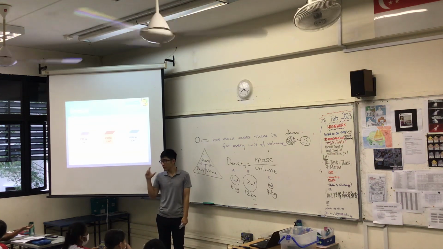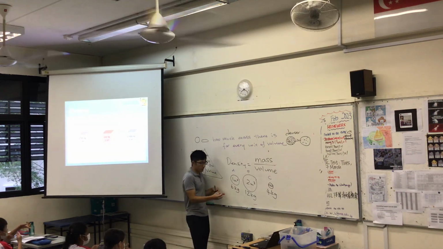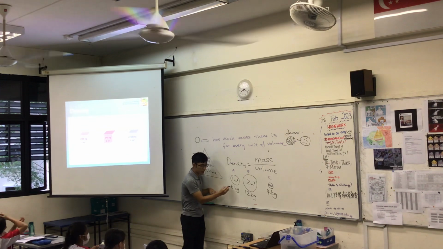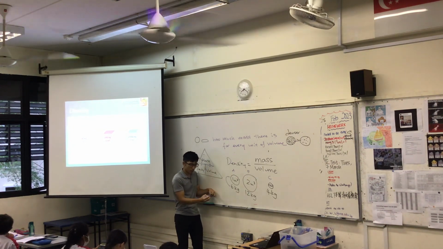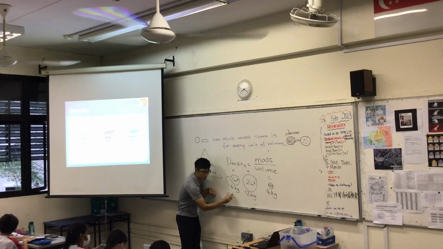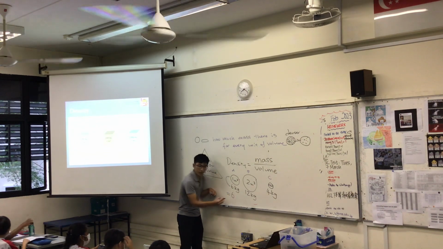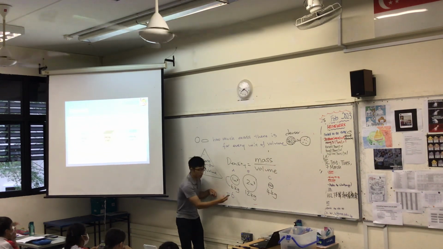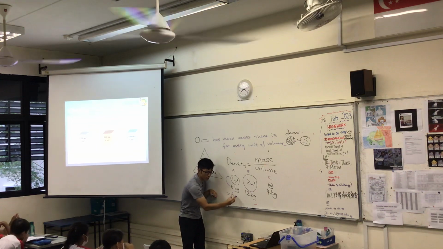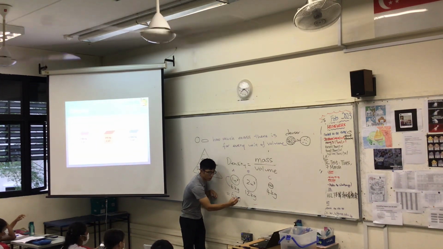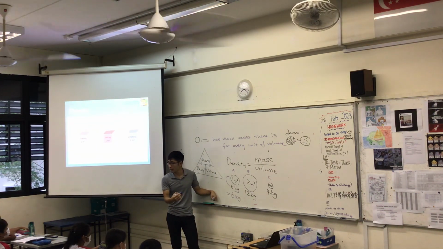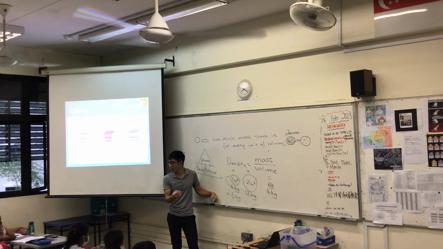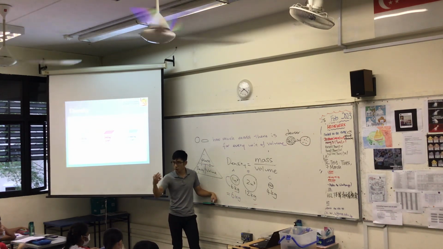Okay, so how do we calculate? We take 6 kg divided by 1 meter cube. I will get a density of 6. Okay, so this is the unit. If I give you kg and meter cube, you write kg per meter cube. Okay, I want to teach you a new way of writing the unit, because now you all are in secondary school.